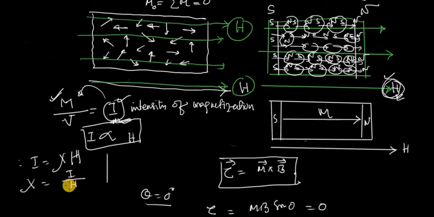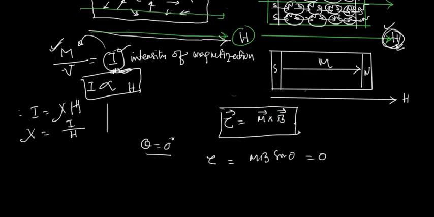If a material requires a very low amount of H so that a very high amount of I is induced, for that sample chi is very high, and if a very high H is required to develop a certain amount of I, we can say chi is at a minimum value.